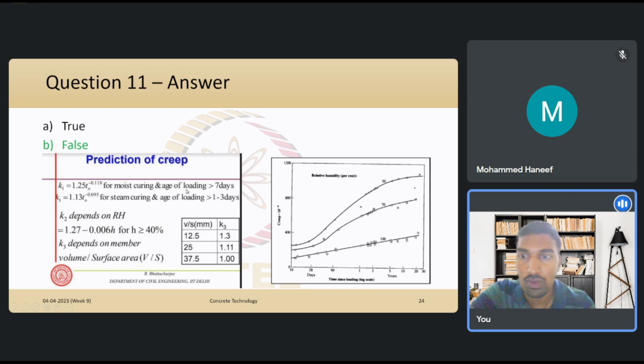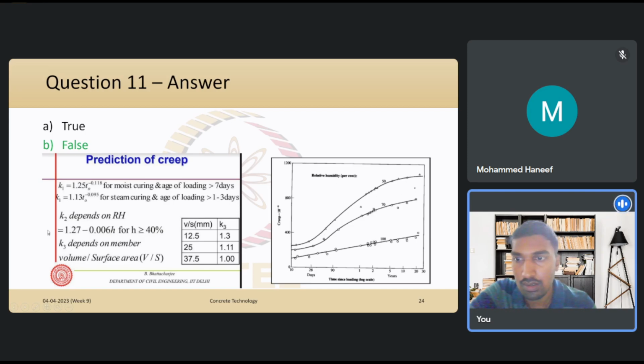The equation that we saw was 2.35 times K1, K2 and so on. If we keep all the other factors constant, then when relative humidity increases, the predicted creep should be lower, right? So if we have to predict it correctly, our K2, which is related to the relative humidity, should go down when relative humidity increases.